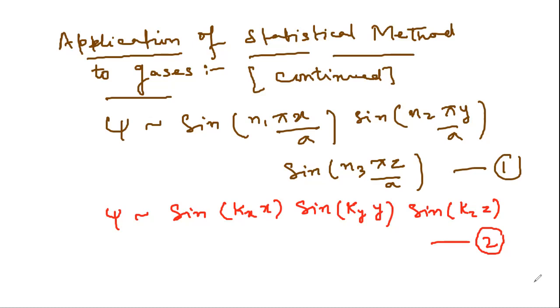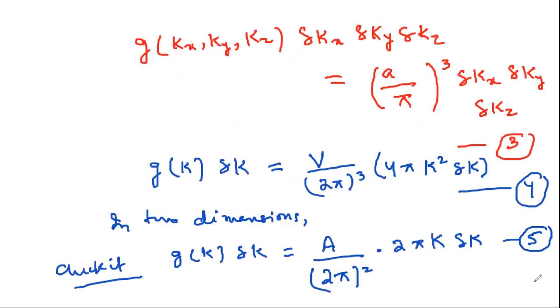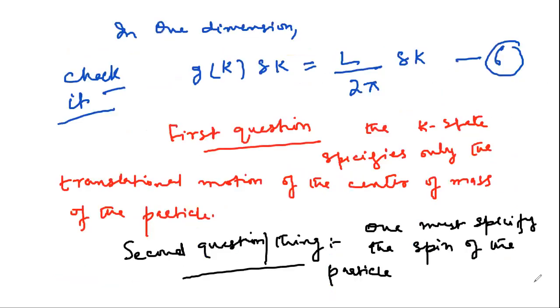So there the number of energy states is large. Then the gas particles are indistinguishable. Then we use quantum mechanics to specify the state of the gas particle. Then we talked about the density of states function in k. Then I told you this is not the full story.